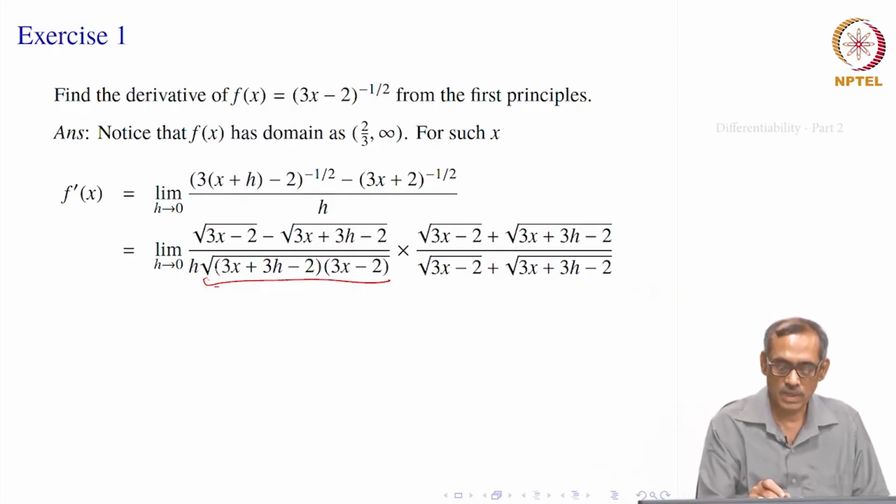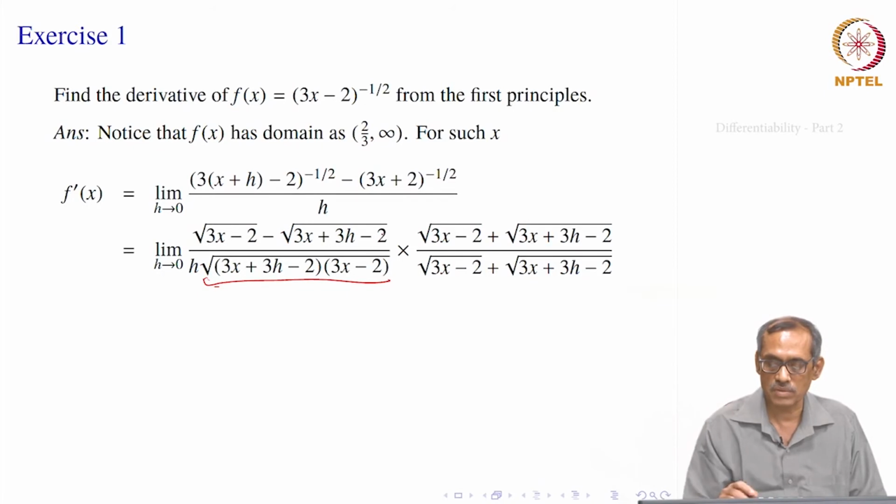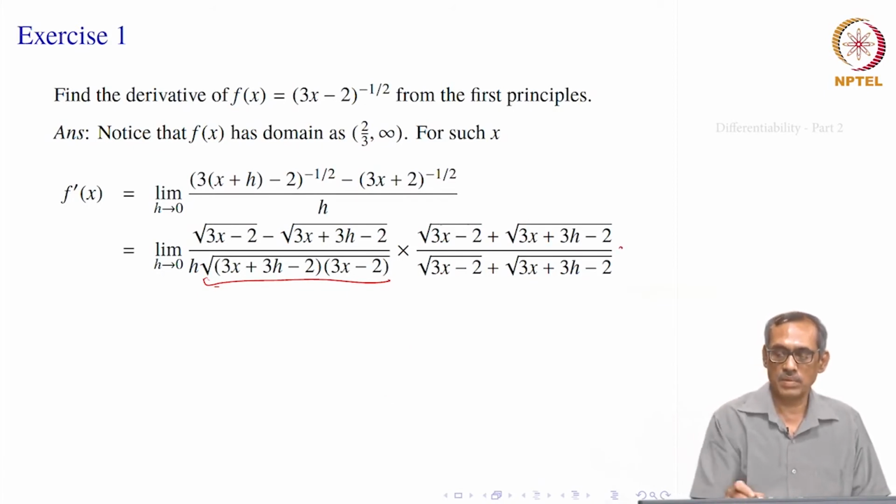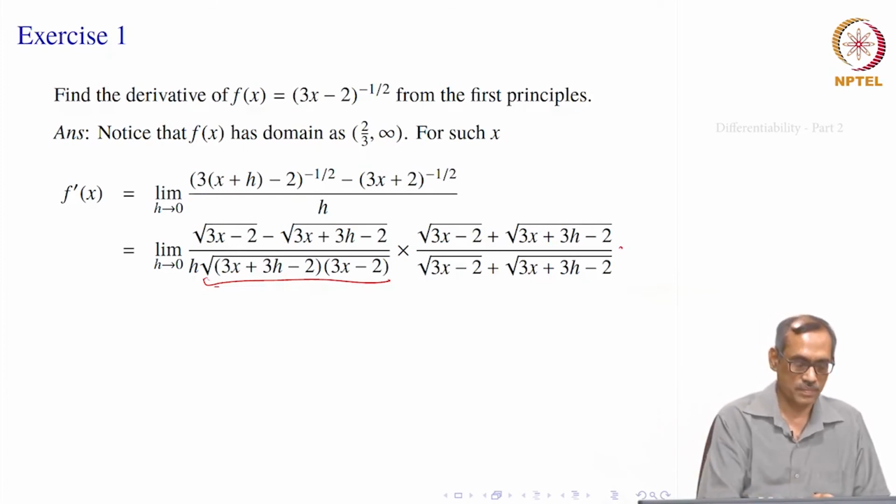Now, how do we get the limit of it? Well, when h goes to 0, we have to do something, because this h has to be taken away to find the limit. So, we multiply with square root of 3x minus 2 plus square root of 3x plus 3h minus 2 and also divide, so that it will give us some expression without square root.